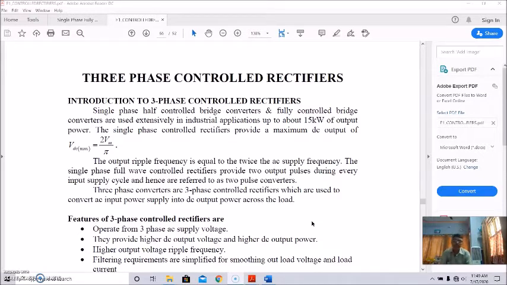But in case of three-phase control rectifiers, they are used to convert AC input power supply into DC output power across the load.